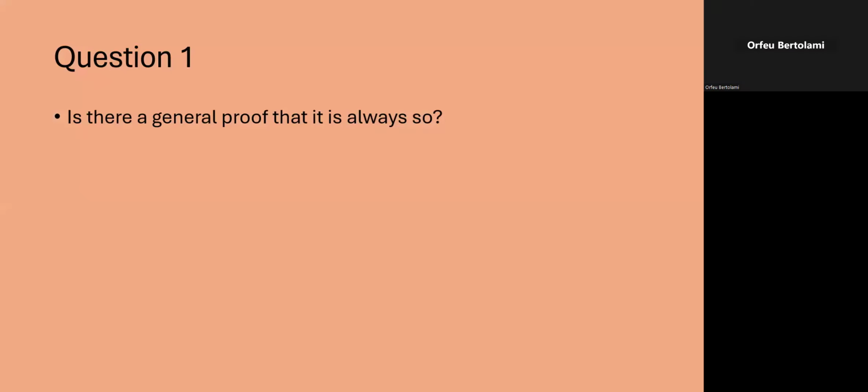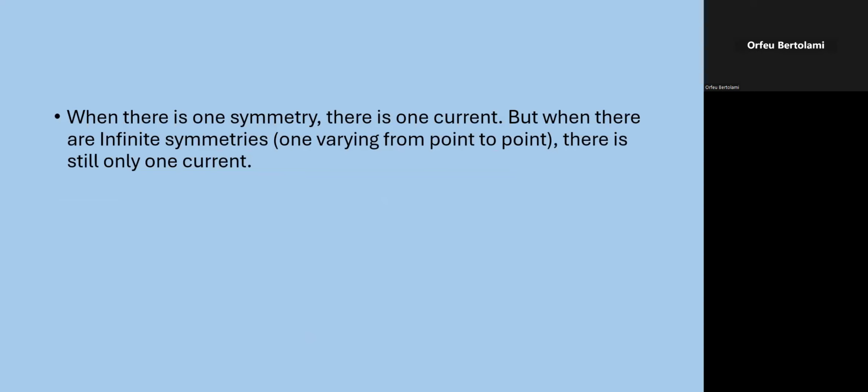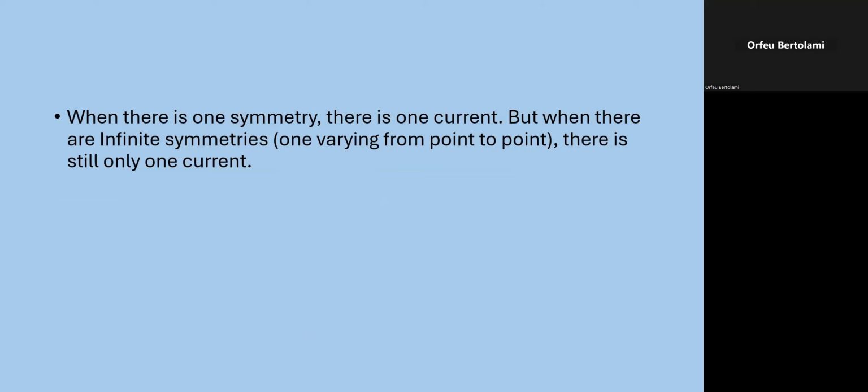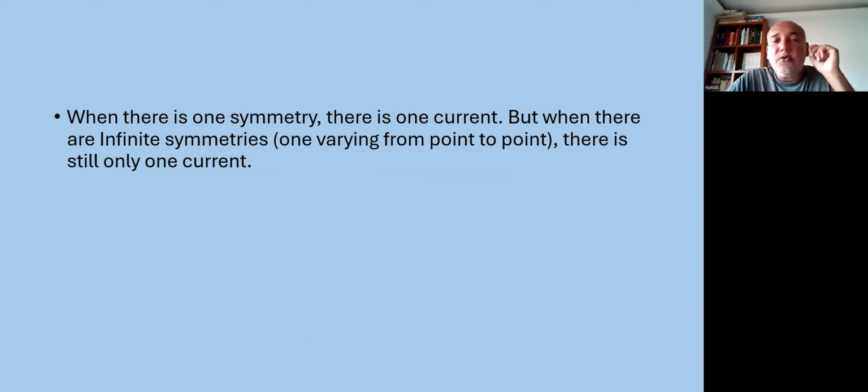But excuse me, what do you mean by infinite symmetry? I mean, imagine you have a global gauge transformation, let us say alpha equals 1. But you can have alpha equals sine of x. You can have any function, right?